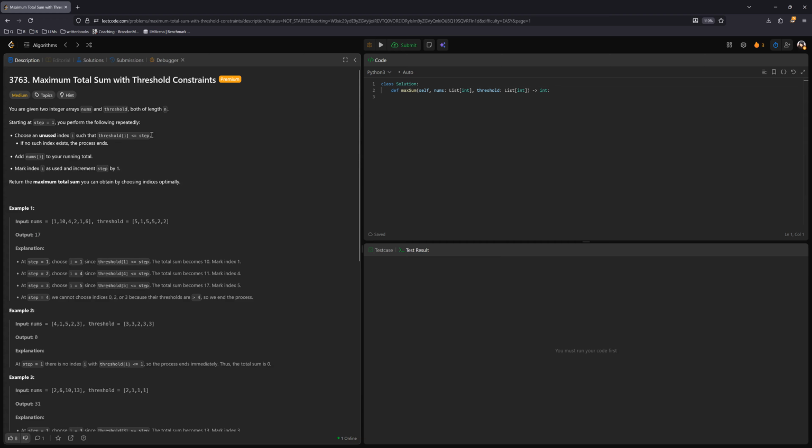Choose an unused index I. Okay, so you just... we're just going to step through each of these, right? Choose an unused index I. Mark index I as used and increment step by 1. So we have to go in this order.